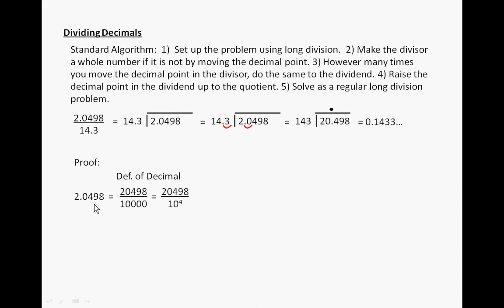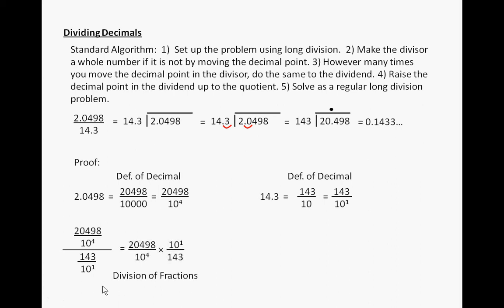So 20,498 over 10,000 is 10 to the 4th power. And for 14 and 3/10, we have 143 over 10. So now we have our complex fraction. Whenever we do division of fractions, we have a complex fraction, which by using our definition of division of fractions, we end up multiplying by the reciprocal.